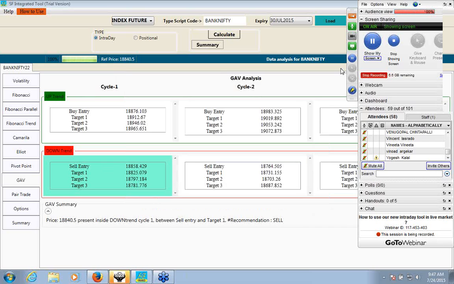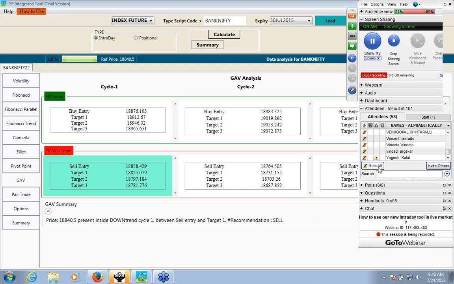Out of 8 studies, currently we have put in 8 studies, but in the paid version we may put in some 25 or 30 studies. The very idea of giving you a summary is because it is practically impossible for a trader to make the computation as per Fibonacci, Elliot, Camarilla, Pivot, Gann, and most of the technical studies, and to summarize how many studies are giving me a green signal to buy, and how many studies are giving me a green signal to sell.